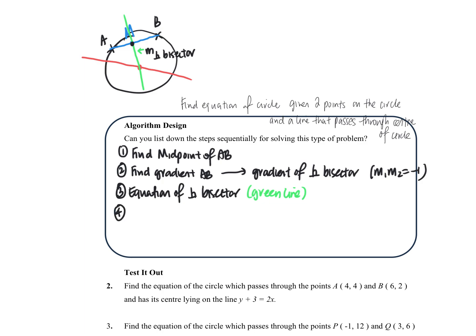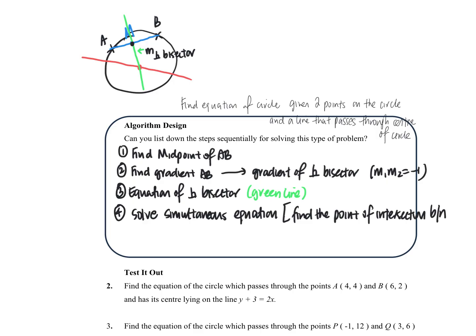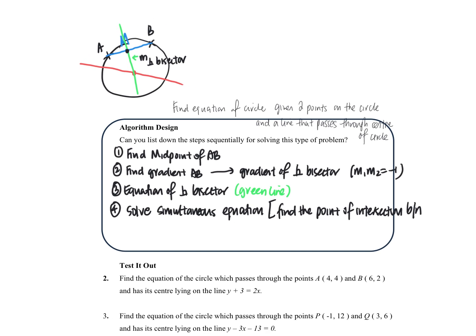Solve simultaneous equations. That means what you're trying to do is find the point of intersection between the green line and the red line. So what you are trying to find is this point, and this will give you the center of the circle.